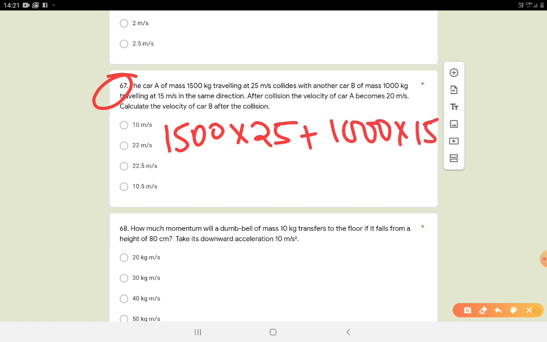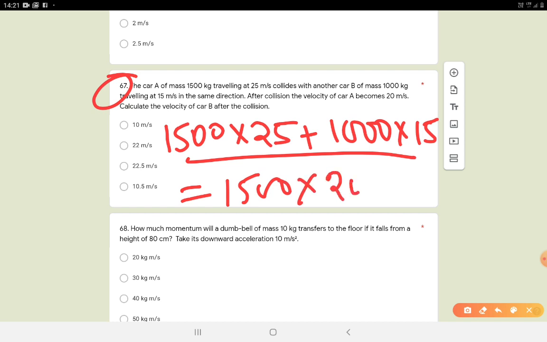This is the total momentum of car A and car B before collision, and this should be equal to the momentum after collision. After collision, car A, whose mass is 1500 kg, has a velocity of 20 meter per second, and the mass of car B is 1000. We don't know the velocity of car B, so we can write X or V here.